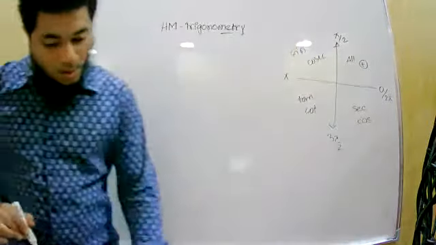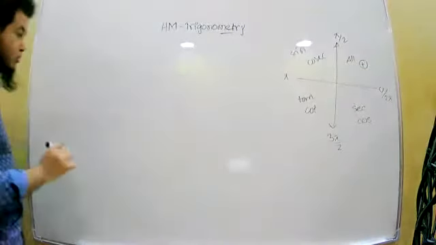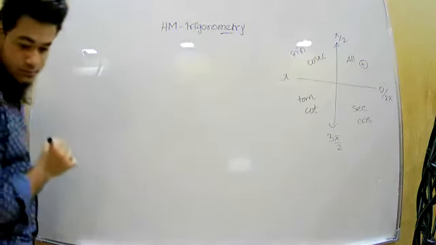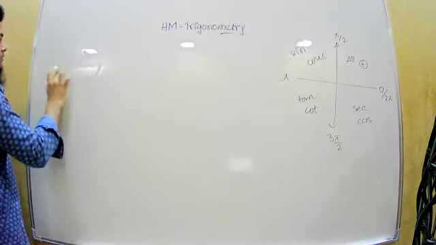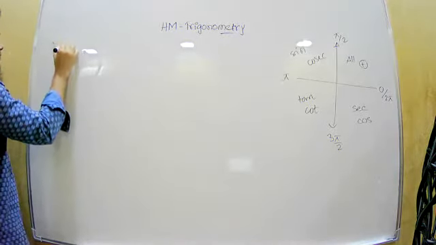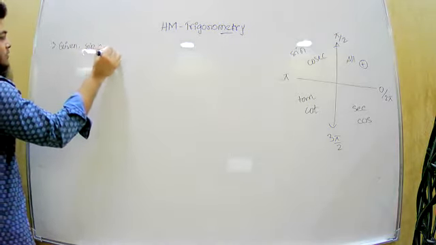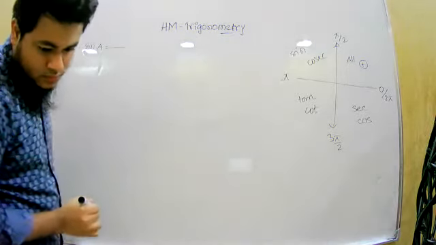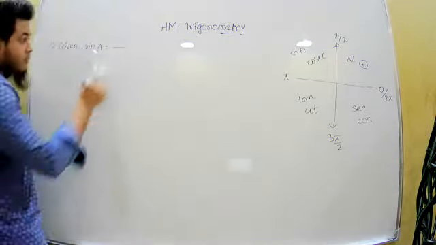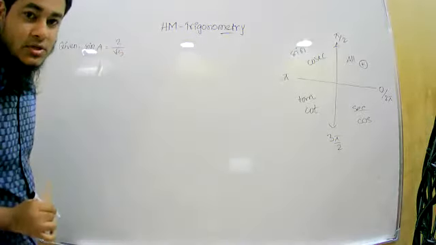Okay. So number 3 says that sine A is equal to 2 by root 5. So we can see that sine is positive.